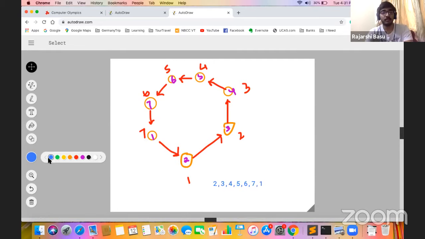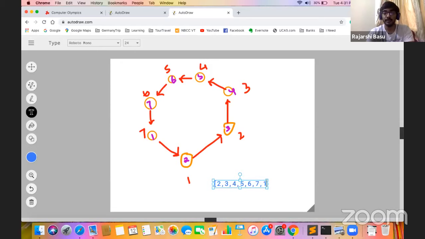So this is the array. Very simple cycle. Basically everything needs to get cyclically shifted once to the right, but it's still a permutation. The cycle still holds, right? So 2 wants to get to position 2, 3 wants to get to position 3, 4 wants to get to position 4, and so on.